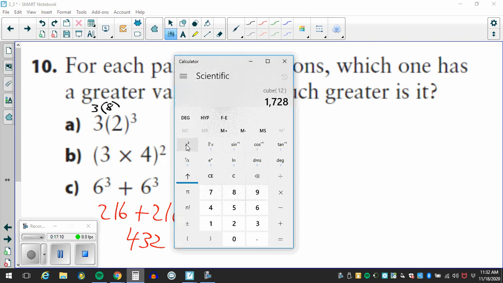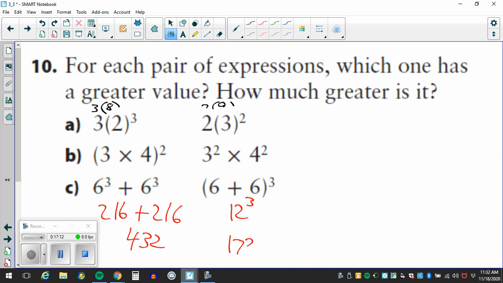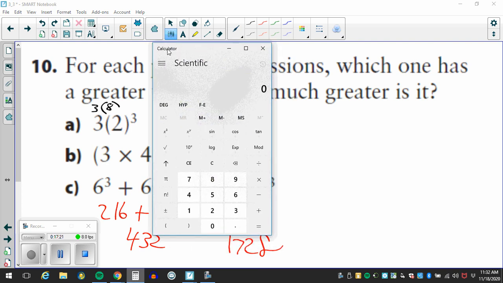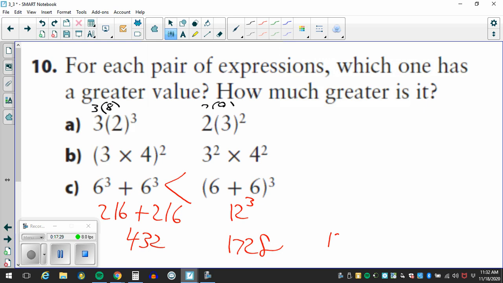I get 1,728 when I cube it. So which one is bigger? This expression is bigger. How much bigger is the difference, or the subtraction, of 1728, take away the lesser amount of 432, and the difference between them is 1,296 bigger or more.